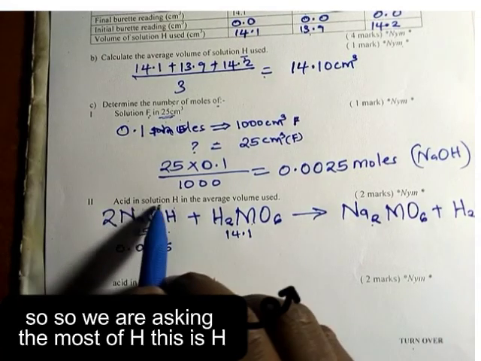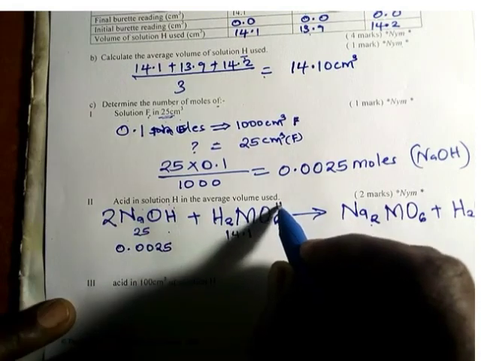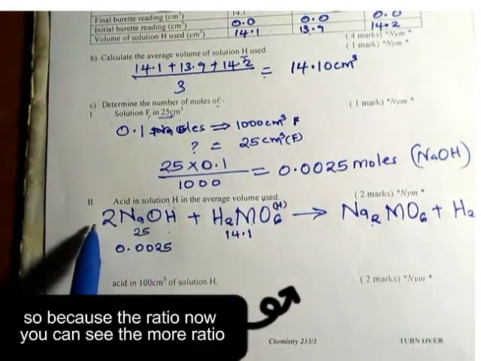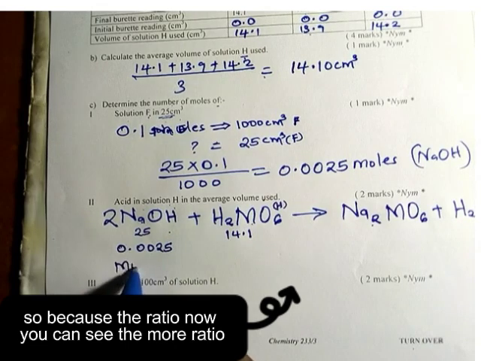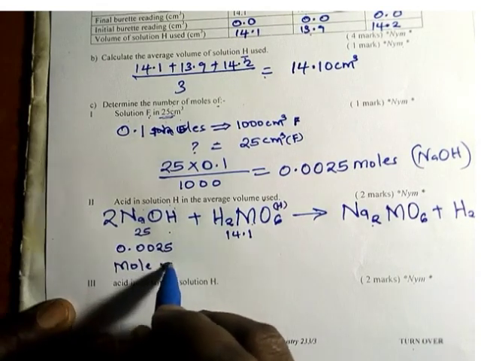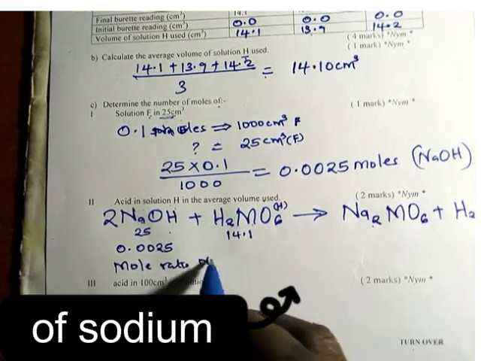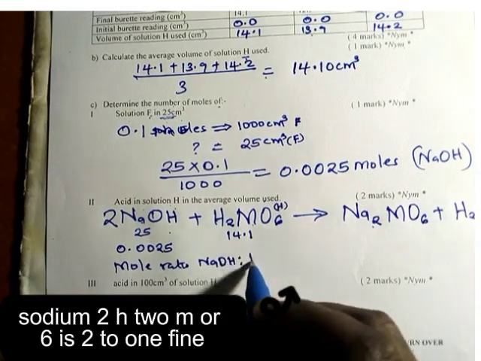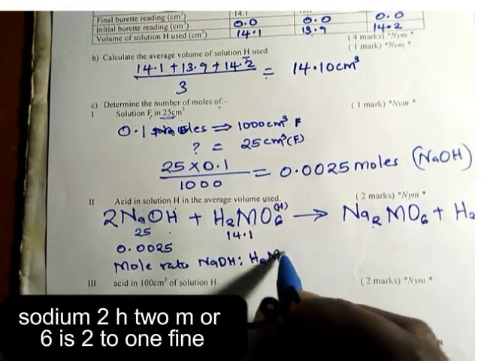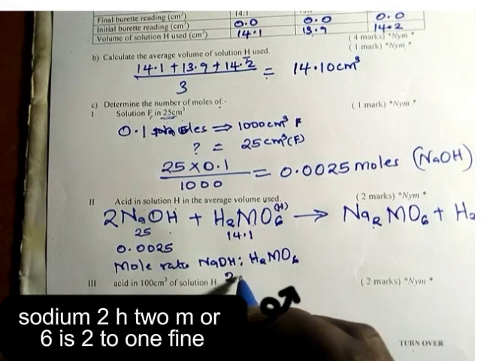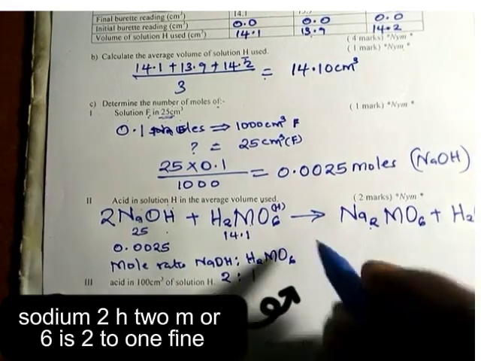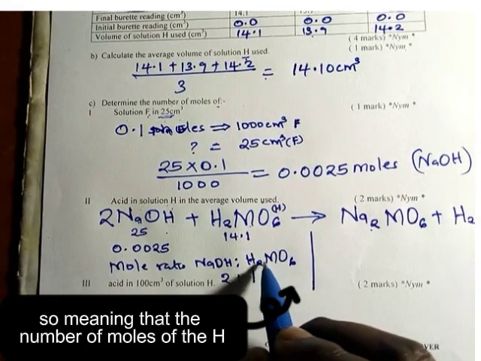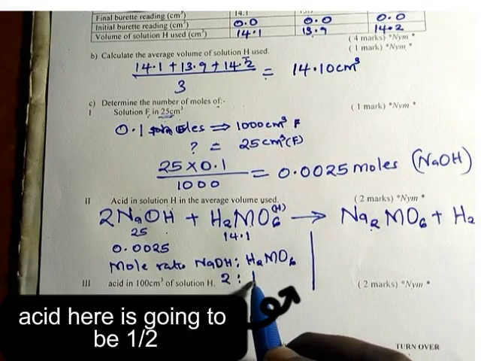So we are asking for the moles of H in the average volume. Because you can see the mole ratio of sodium hydroxide to H2MO6 is 2 to 1, the number of moles of the acid H is going to be a half.